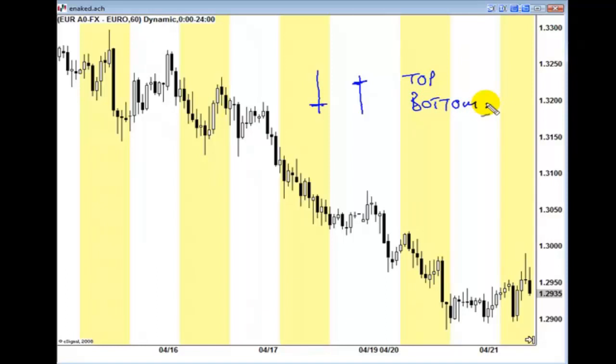Now, while we're talking about hanging men and hammer candles, that would be a hammer at the bottom of a trend, and it would be a spike high at the top of a trend. This one would be a spike low at the bottom of a trend, or a hanging man at the top of a trend. So each one of these is a sign of reversal, and these candle patterns signify that we're getting a potential change in direction.